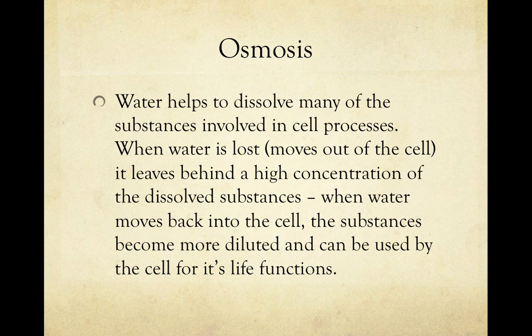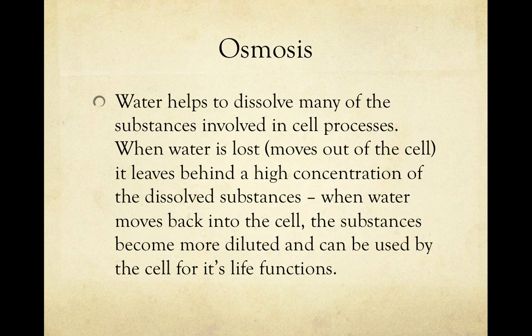We just want to know the process of osmosis: water is leaving the center of the cell and moving to the exterior of the cell, but the highly concentrated substance that was dissolved cannot. Then the water comes back in and dilutes that concentrated solution, and we eventually form equilibrium between the inside and the outside.